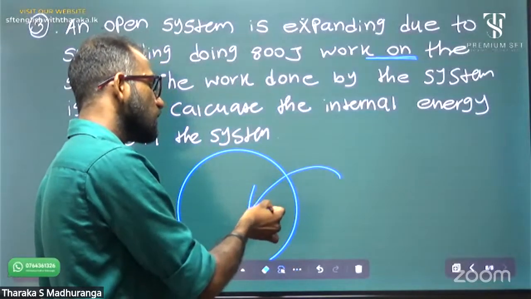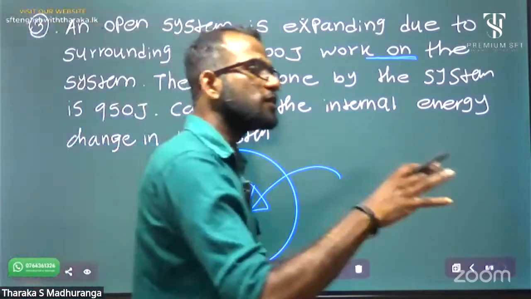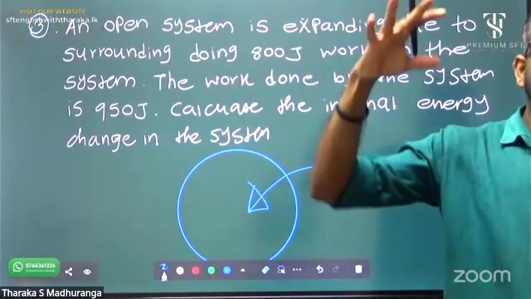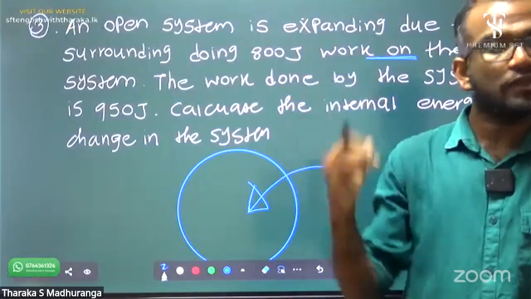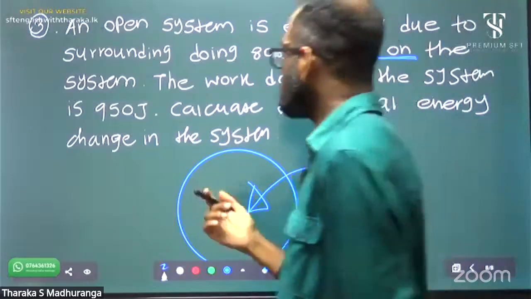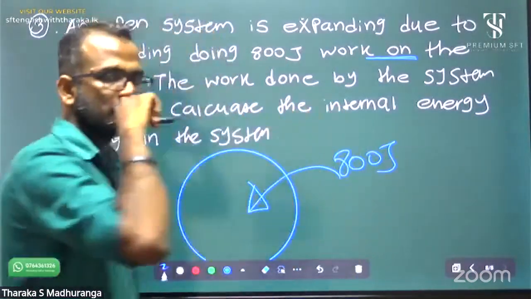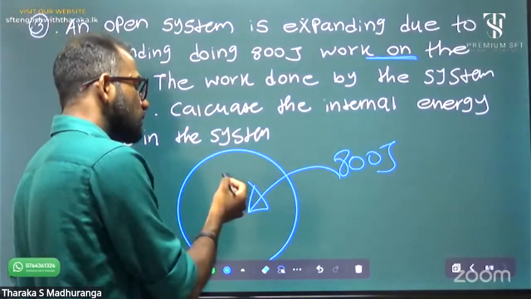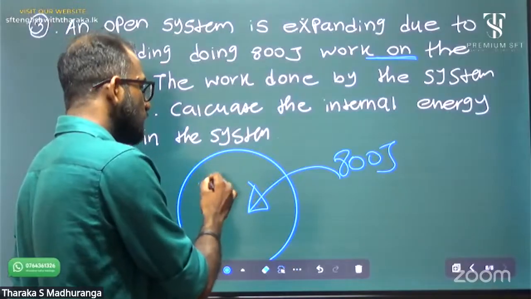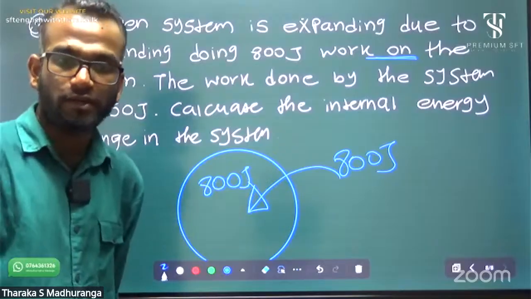Work done on the system means the surrounding is doing some work on the system, and it is increasing the energy. Then what happened? It's absorbing heat, 800 joule absorbing, right? This is the thing you need to understand. Then initial energy 0, then internal energy level increases up to 800.